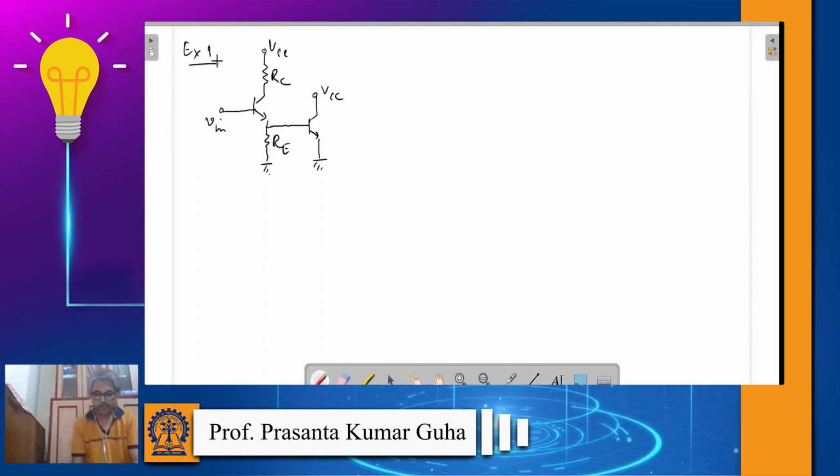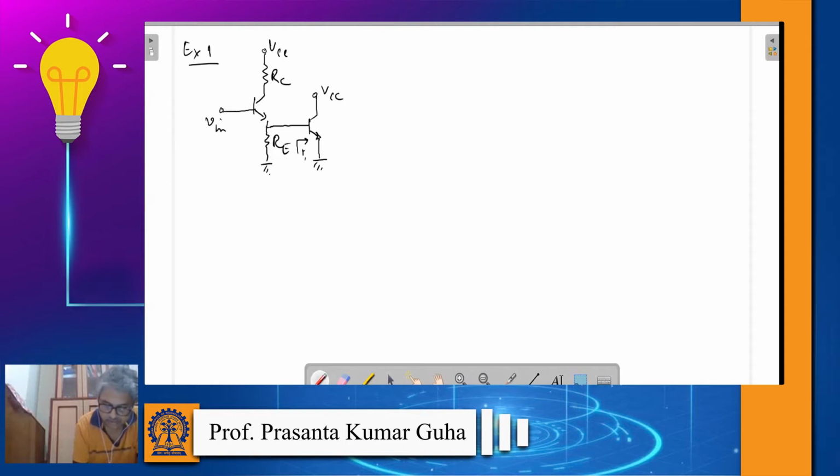Without going into the detail of drawing the small signal models of the first and second stages, you can straight away simplify this circuit if you use the concept we have developed in the last few classes.